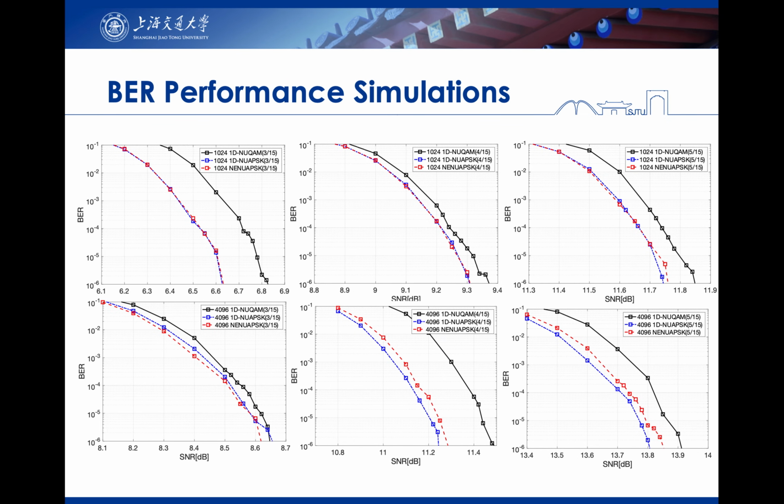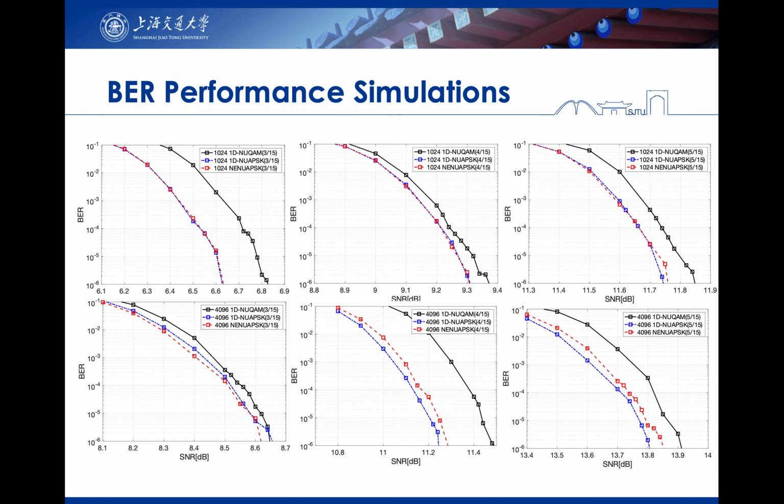Figures show the performance comparison of our design with 1D NUC and NU-APSK. Specifically, the x-axis is the SNR value and the y-axis is the BER value in the range of negative 6 to 0.